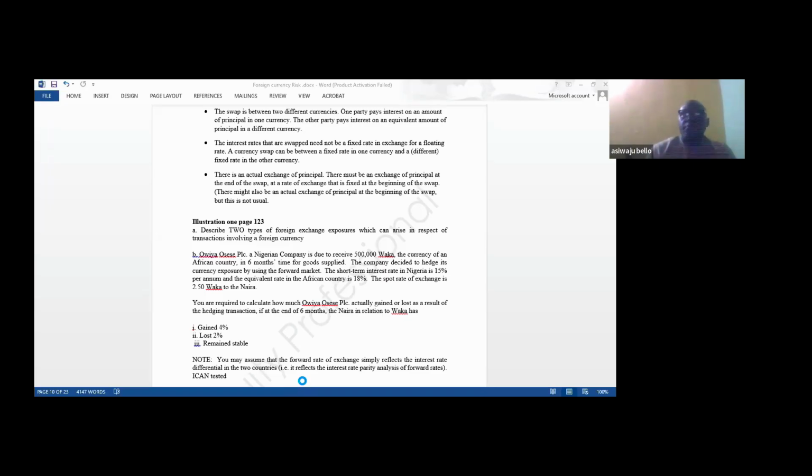That is, we require less quantity of naira to buy dollar. That means naira is appreciating. Currency depreciation is a situation where more of a particular currency is buying the same units of another country currency.